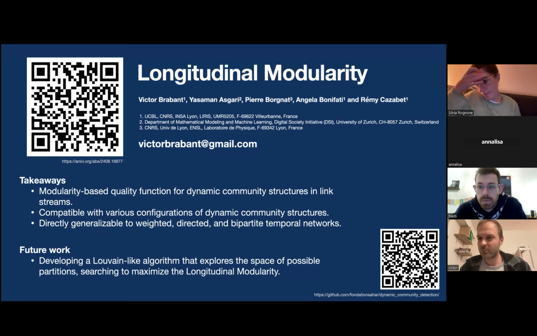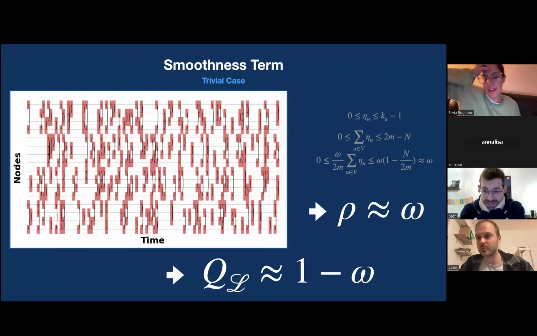I missed a part. Can you repeat? Yes, I can hear a bit. She wants to know about the trivial case where the modularity is equal to 1, if I remember correctly, but it might be wrong. Yeah, she wanted some explanation because she missed this part.